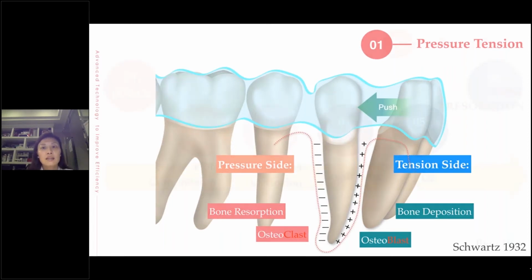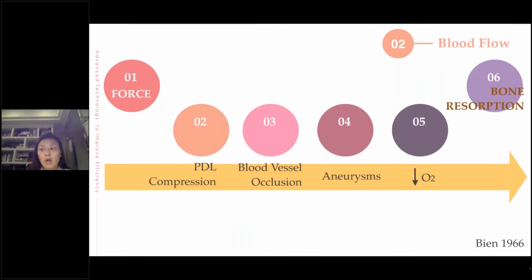The second theory is the blood flow theory, or the fluid dynamic theory, proposed by Bien in 1966. According to his theory, tooth movement occurs as a result of changes in fluid dynamics in the PDL.